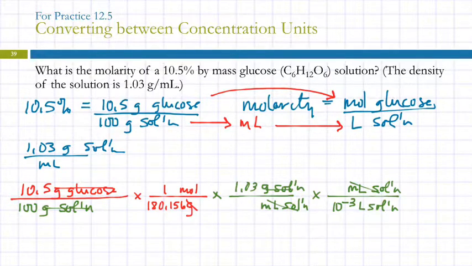So now I'm going to do all of it. 10.5 divided by 100 divided by 180.156 times 1.03 divided by 1 EE negative 3 equals. That just seems awfully small. I'm going to check my math.